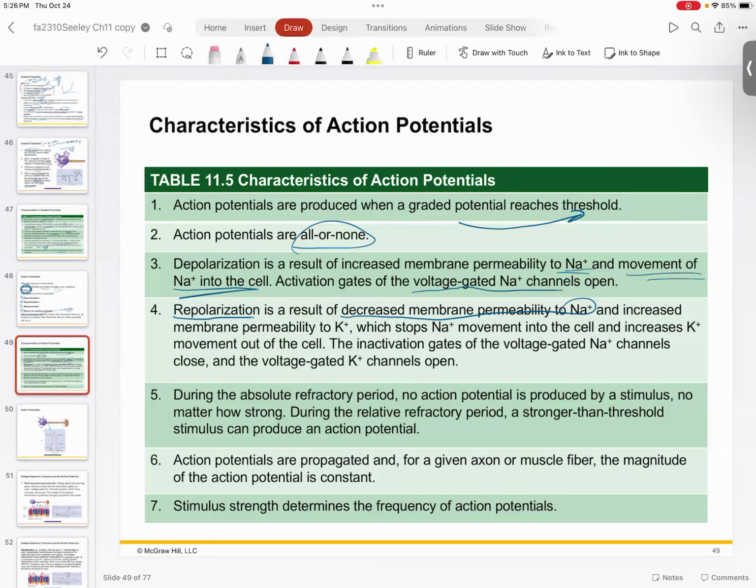Now, what we talked about earlier, when you're talking about decreasing or increasing permeability and the leak channels, remember we were talking about increasing or decreasing permeability, say, for instance, to potassium or chloride or sodium by the number of leak channels you put into the membrane. The more leak channels you put in there, the more permeable you are to that particular ion.